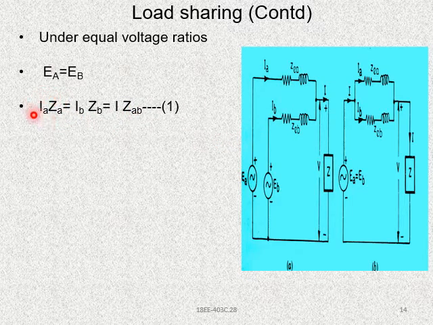When the voltage ratios are equal, EA is equal to EB, and the drops should also be the same. That is, IAZA is equal to IBZB, which is equal to the total drop, I into ZAB. This is equation 1. Consider it as equation 1.